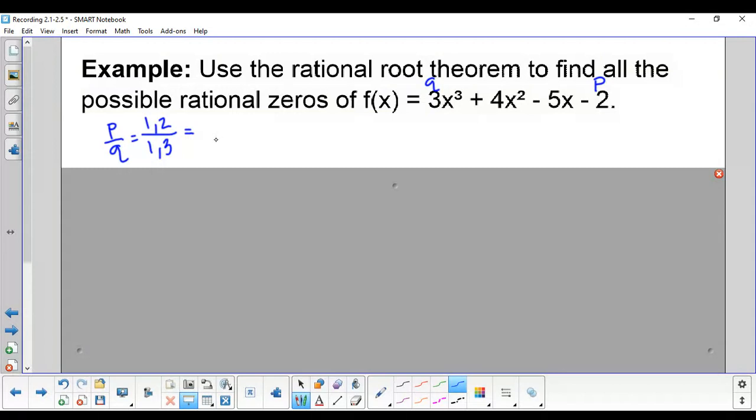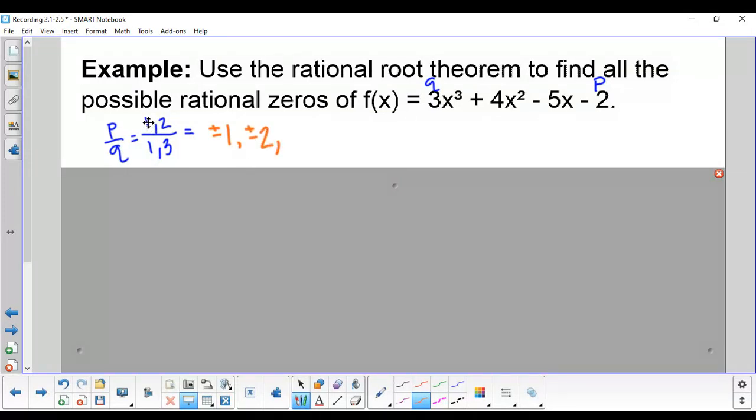Next, I have to come up with the list of possible rational zeros that I will want to check for. Now, it's any combination of these. I'm going to try my best to help you see this. I like to go 1 divided by 1, so plus or minus 1. Then I go to the next top number, 2 divided by 1, so plus or minus 2.